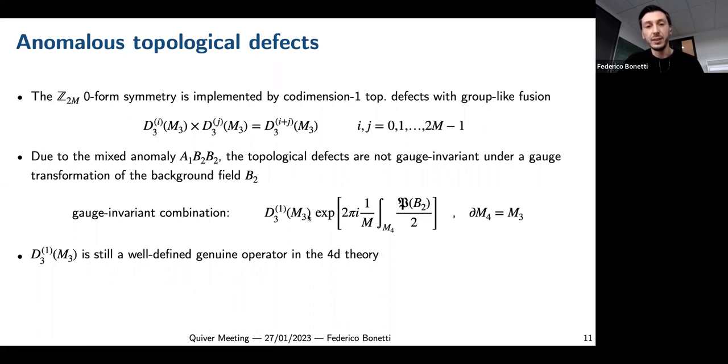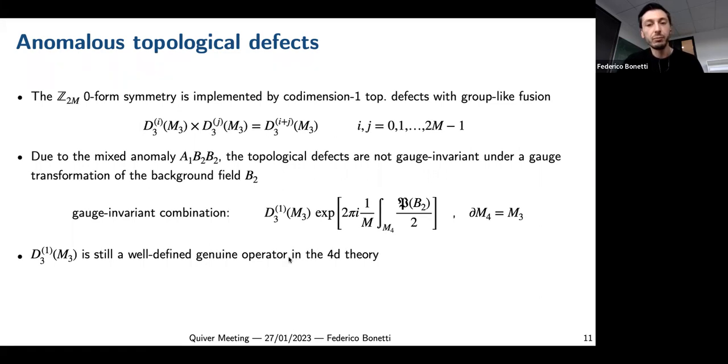What is indeed invariant is this combination here, where, as you can see, we are attaching some auxiliary M4 to the locus M3 where the defect lives. And we are dressing that attachment with B squared. So this object combined is completely gauge invariant under background gauge transformations.